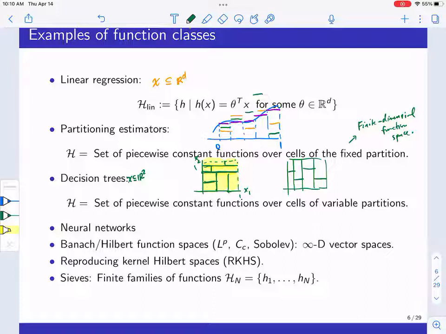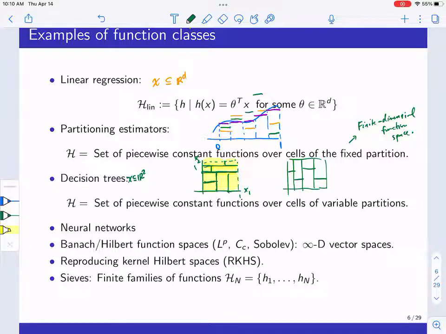And in decision trees, the algorithm that's used in practice is a greedy way of fitting a piecewise set of functions over these cells. It might not give you the optimal partitioning. It's NP-hard to find the optimal thing, because if I choose the first split greedily, it might change the subsequent ones.